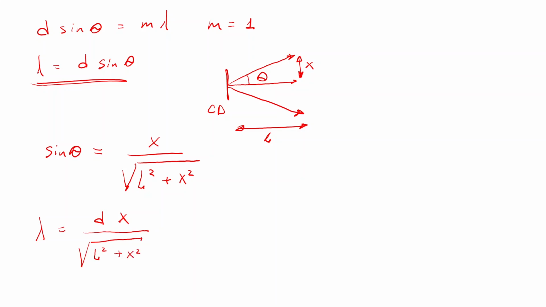So this is how we are going to analyze our experimental data in order to get the unknown wavelength of incident monochromatic light.